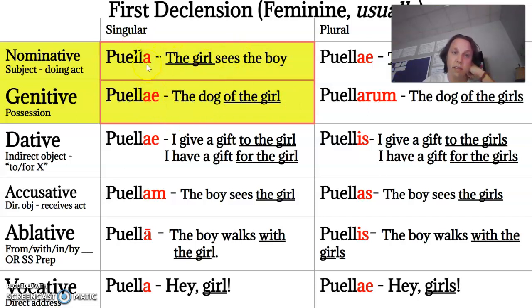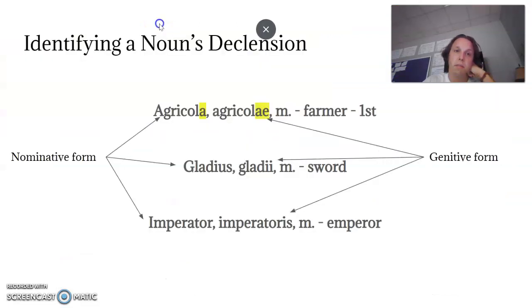These are the two endings that you will see if a noun is first declension. And really, you don't even have to worry about the nominative. You just look at the AE, because the second principal part is its genitive form. That means it'll be the first declension. So you'll see here, there they are. So I can deduce that this is first declension based off these endings, and more importantly, this one.